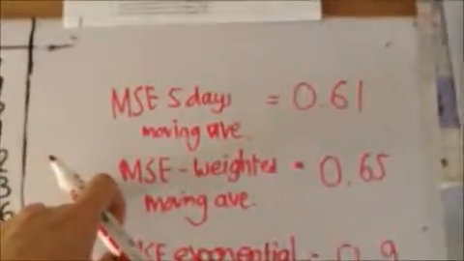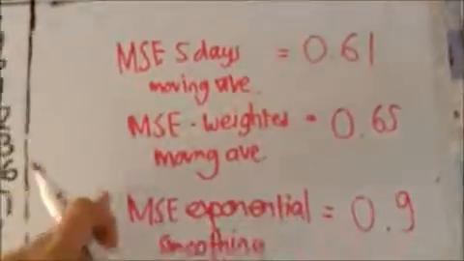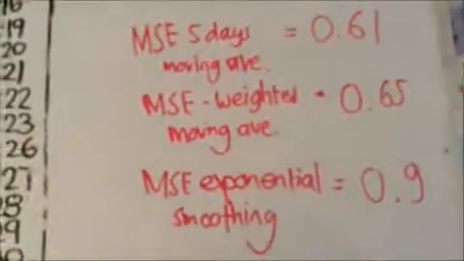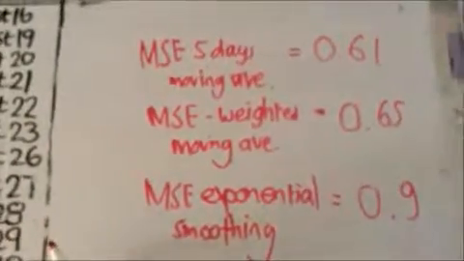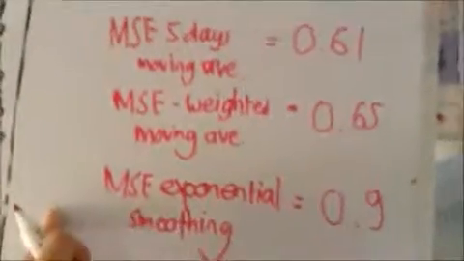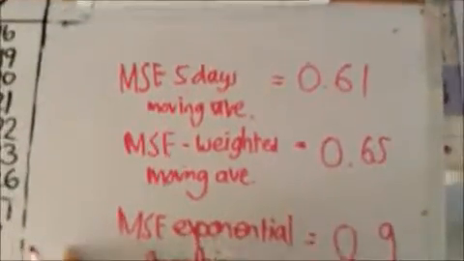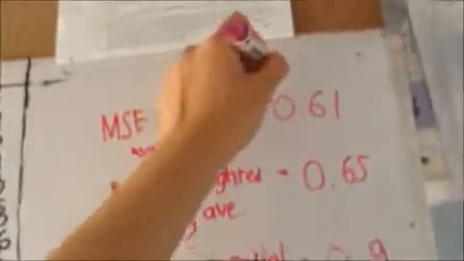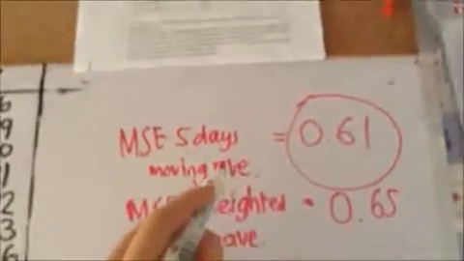MSE weighted moving average, we got 0.65. And then MSE exponential smoothing is 0.9. So we are going to prefer the lowest error that we have. So the lowest is 0.61 of all. So we are going to prefer the MSE 5 days moving average.